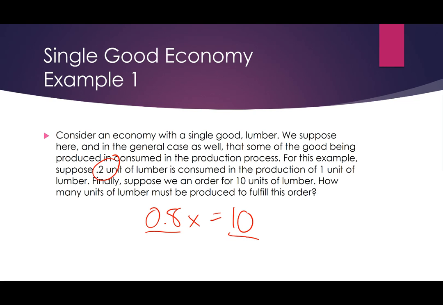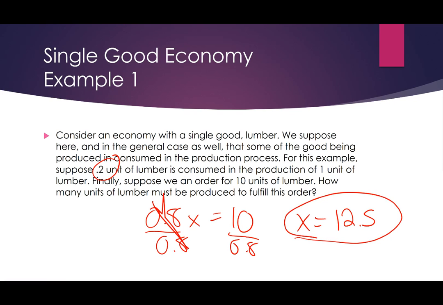So simple equation enough to solve. We divide by 0.8 on both sides. And we end up with x equaling, what is it? 12.5? I forget. Yeah, 12.5. So basically, in layman's terms, I need to cut down 12 and a half trees to make 10 2x4s.